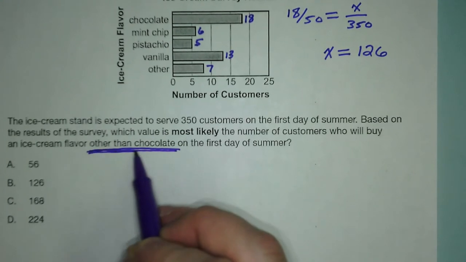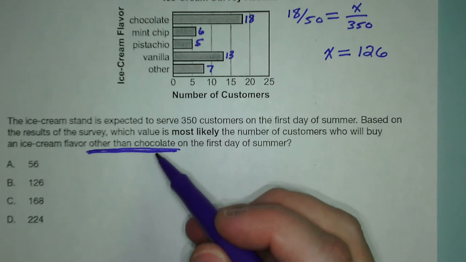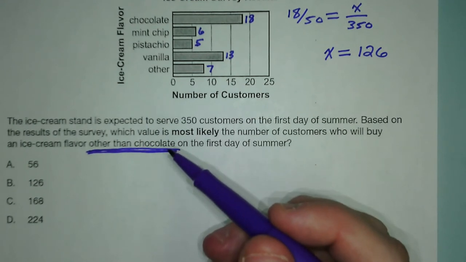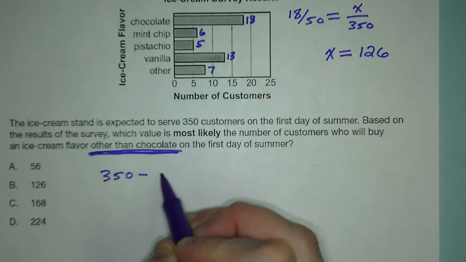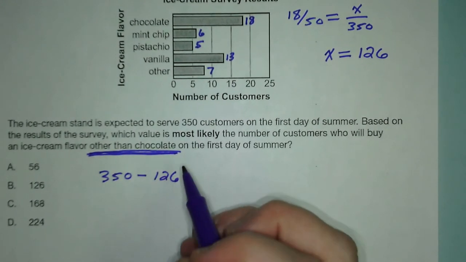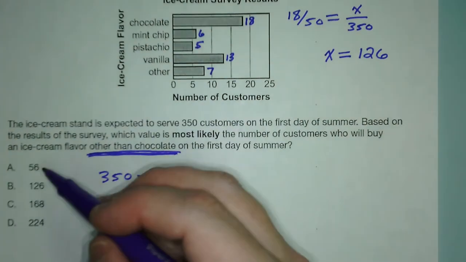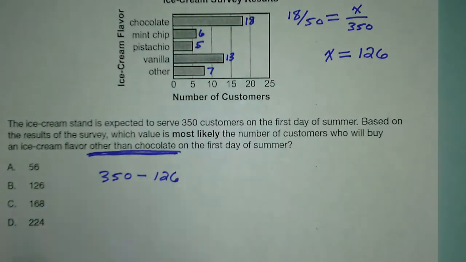Reading comprehension, people, and paying attention to the details and reading very carefully. So what do we got to do? We just simply have to do 350 minus 126, which I will do on my calculator. I might not get exactly one of these options, so maybe we'll go with the best one, but we'll see.